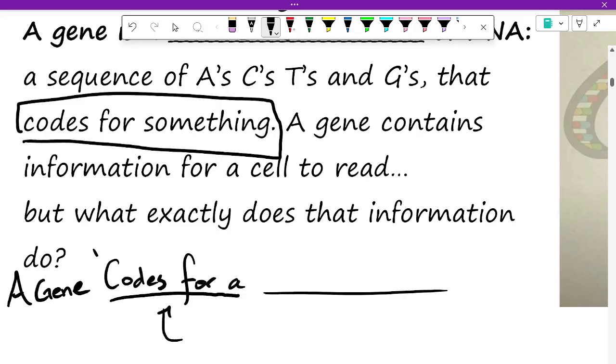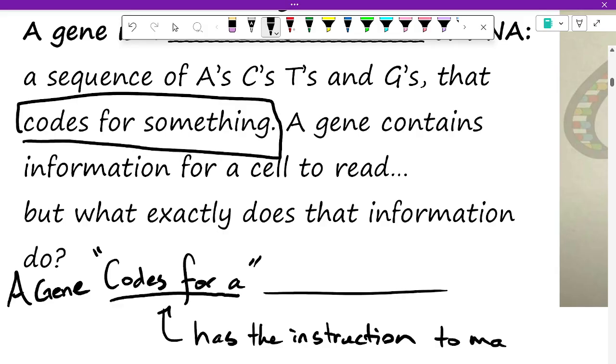What that means is it has the instructions to make a protein.